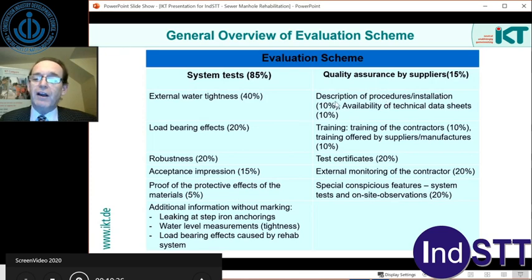On the QA side, we look at a range of things: the installation manual and procedures. If it's followed, does it mean you can do a proper installation? And the technical data sheets for the products that we've been used.